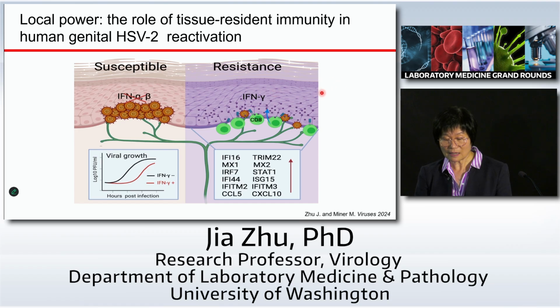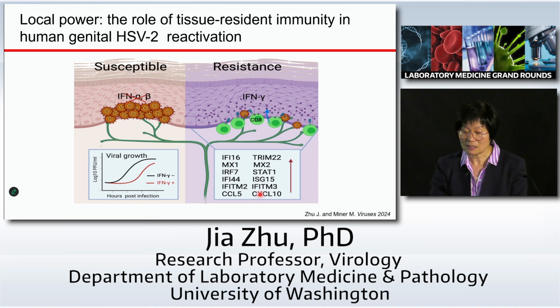We see that DEJ CD8 T cells, through interferon gamma production, can instruct the neighboring keratinocytes to induce cell intrinsic immunity, including many antiviral restriction factors, to resist viral infection, prevent viral spreading, and achieve tissue-wide protection.